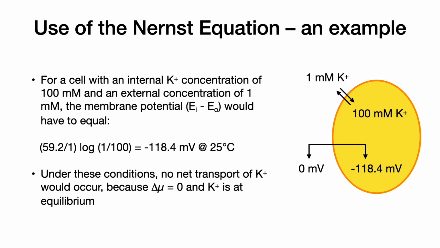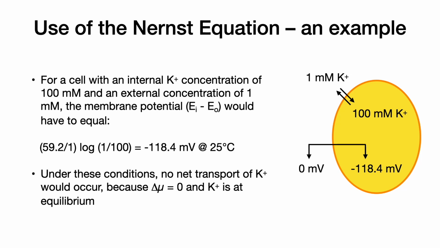And if you make this calculation, it's equal to minus 118.4 millivolts at 25 degrees centigrade. Again, under these conditions, no net transport of potassium would occur because the chemical potential difference is equal to 0 and potassium is at equilibrium.